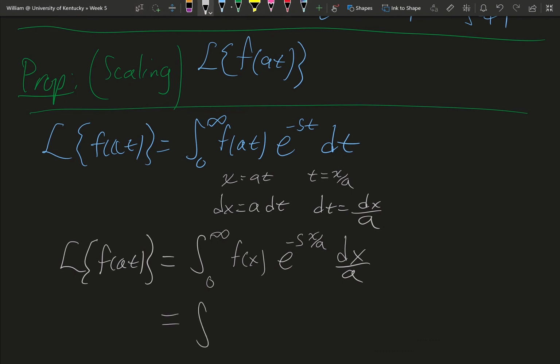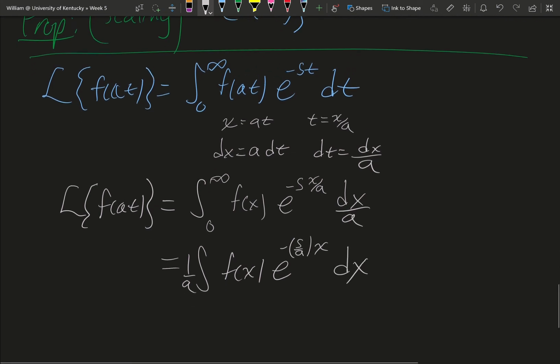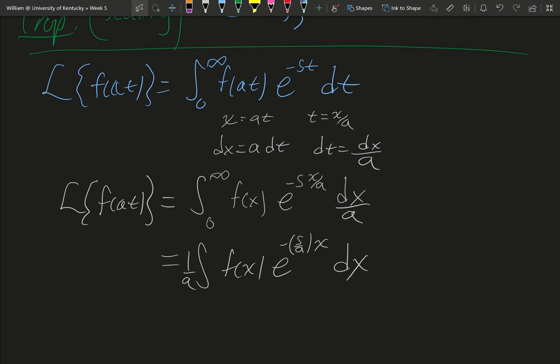I'm just going to rewrite this one more time. I'm going to pull out the 1 over a, and combine that a with the s term. And then I see that what I get is the Laplace transform of f(at) is equal to 1 over a times this, which is the Laplace transform of f, but instead of s, I'm using s over a.